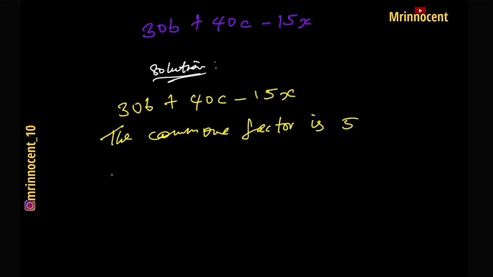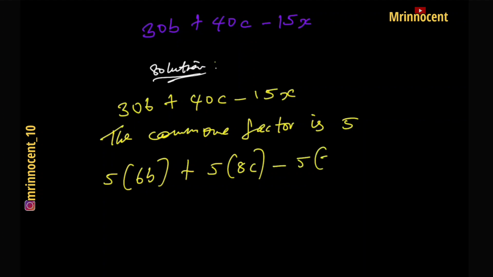So you have 5 into 6b plus 5 into 8c minus 5 into 3x.